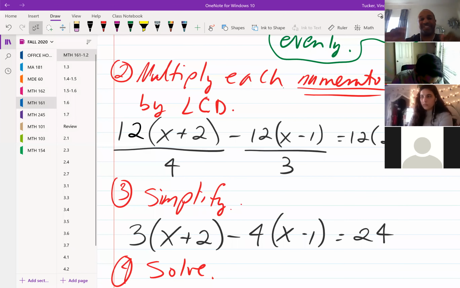All right. From there, we can go ahead and solve. Distribute 3. Distribute negative 4. The result would be 3x minus 6 minus 4x plus 4 equal to 24.